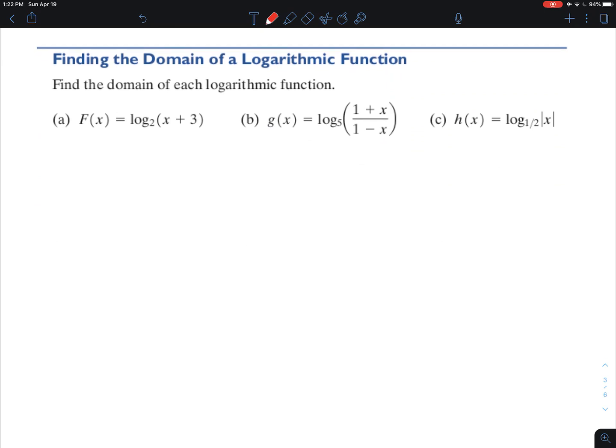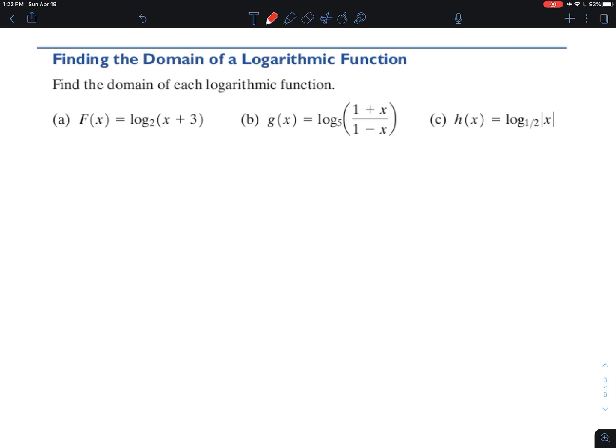The domain of a logarithmic function, when it comes to exponentials, right, you can plug in pretty much whatever you want as an exponent of a value, but we do run into a problem with the logarithms, the restriction on the domain.